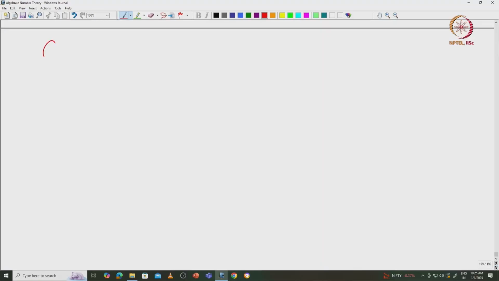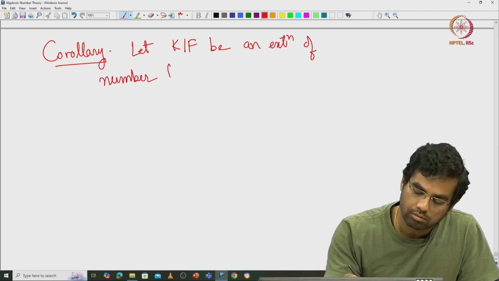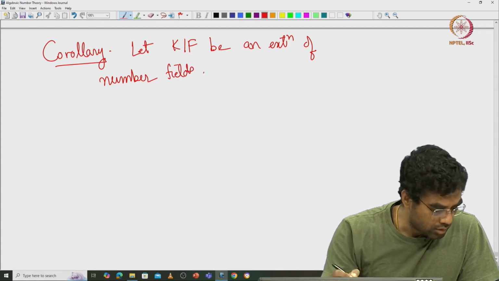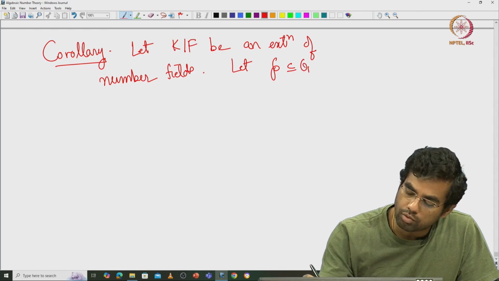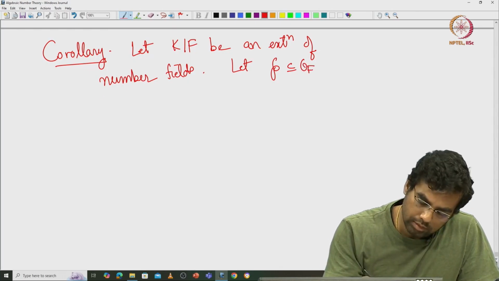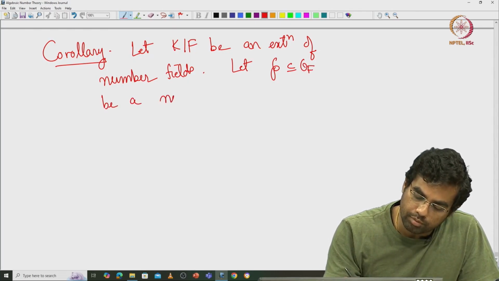So, let me state a corollary to what we proved last time. Let K over F be an extension of number fields. Let P contained in O_F be a non-zero prime ideal.